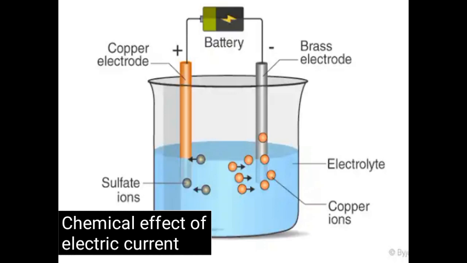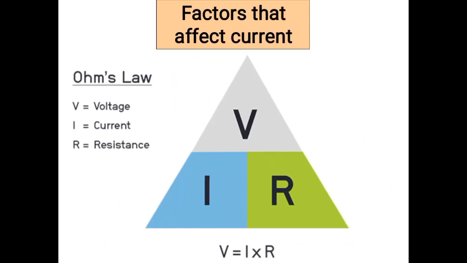And now we'll talk about some factors that affect the current in a circuit. There are two important factors that affect the flow of current, which is electricity, in a circuit. And as we can see above, there's resistance and voltage, as seen on the voltage-current-resistance triangle.